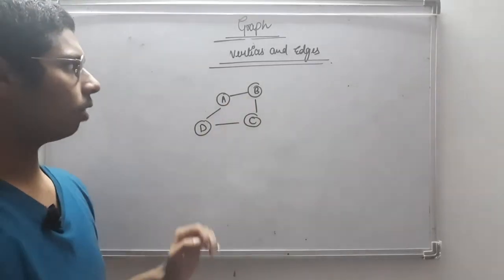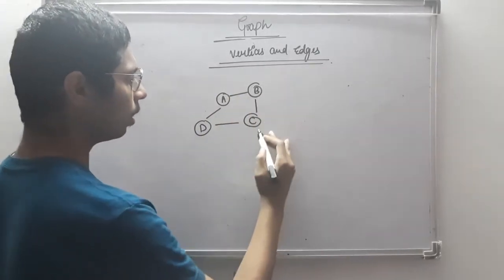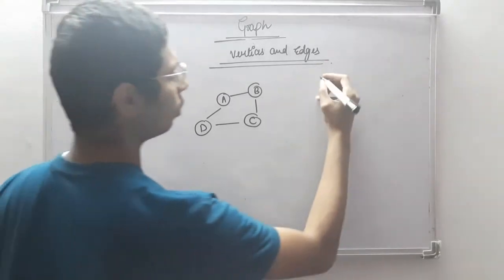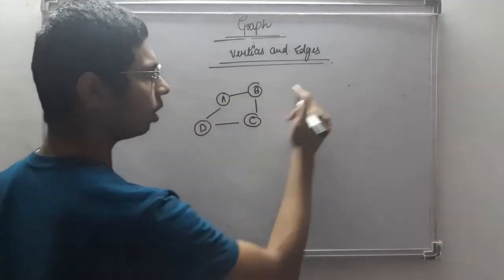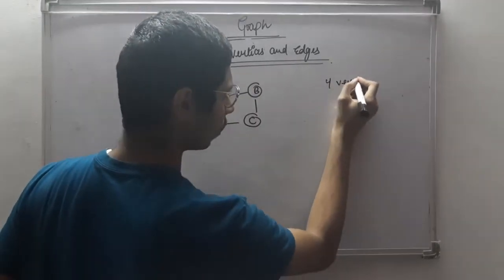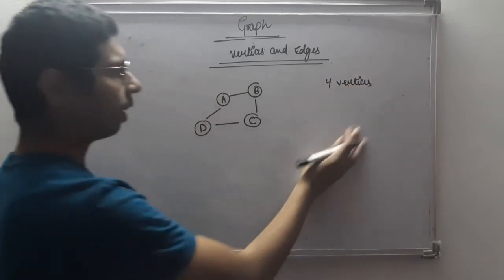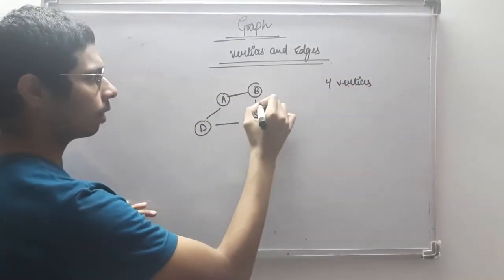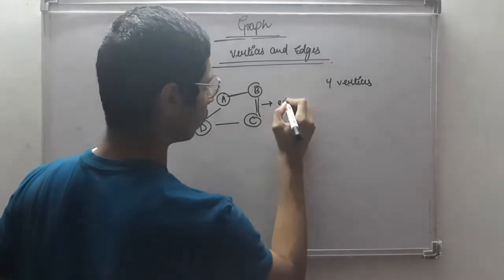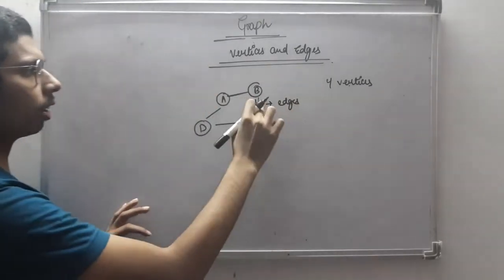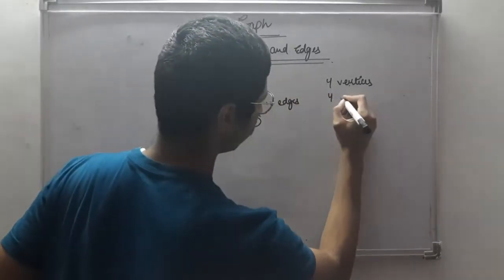So this is our graph. Then A, B, C and D are the vertices. So in this graph there are 4 vertices. And these lines represent edges. In this graph there are 1, 2, 3, 4, 4 edges.